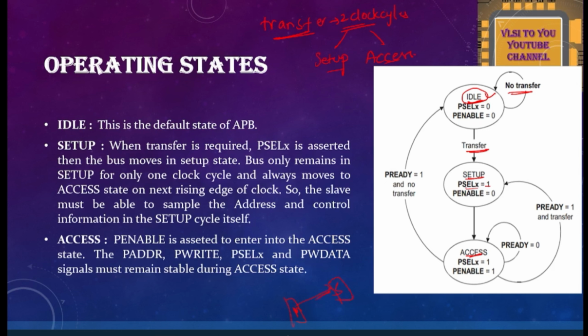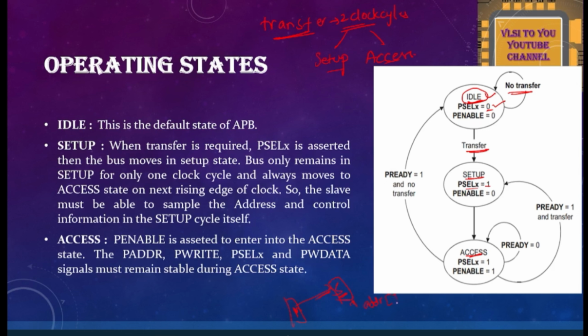As I already told you previously, if PSELECT equal to 1 only, then the slave selection is happening. If PSELECT is 0, that means no slave is selected. Since I have selected the slave, other signals will be activated along with it.